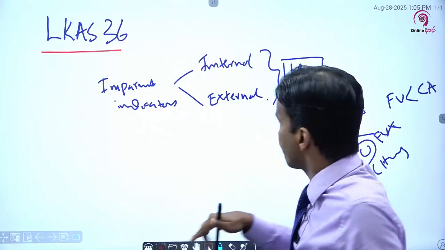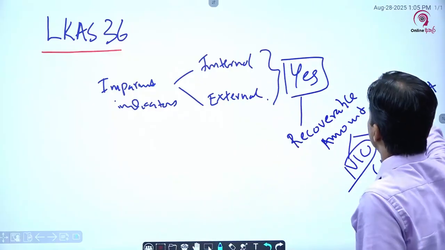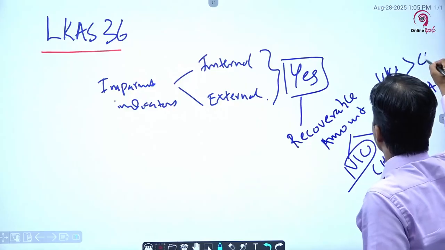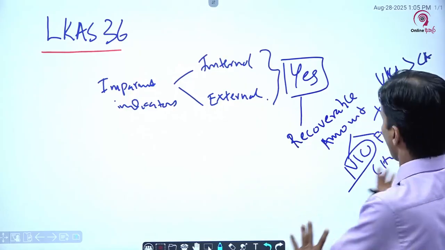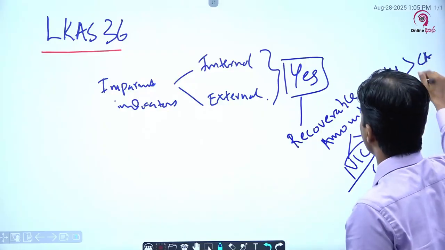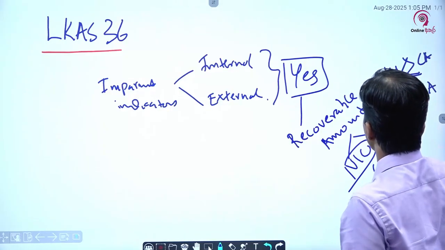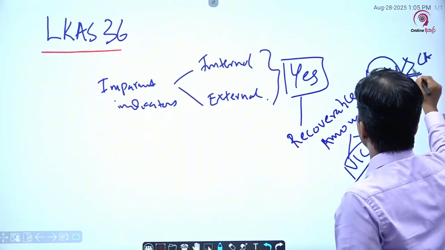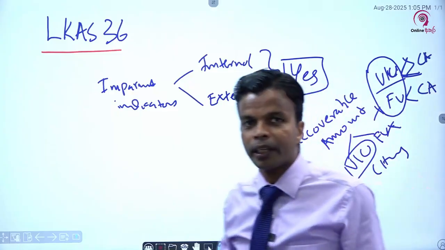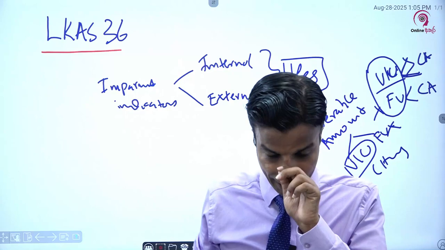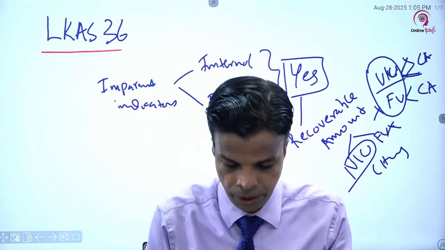If value in use is higher than carrying amount, then no problem, because you were asked to use the higher of value in use or fair value, no impairment. But if both go in the same direction, then use the higher of these two, compare it with the carrying amount and recognize impairment loss. So that's the basic idea of impairment standards.